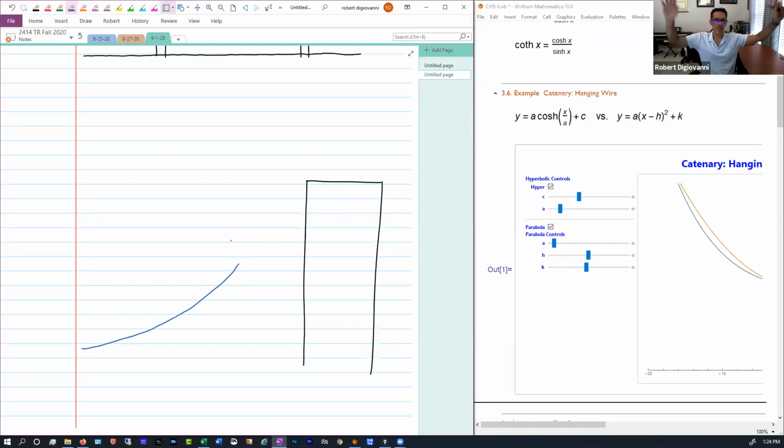You drive down the road, you see these huge towers and you see these wires hung between them, suspended. All of those are hyperbolic cosines. And actually there's a name for them. I should have told you this to begin with. These are called catenaries. A catenary is a wire suspended between 2 points. So you go look outside, driving down the road, you see all these catenaries hanging.